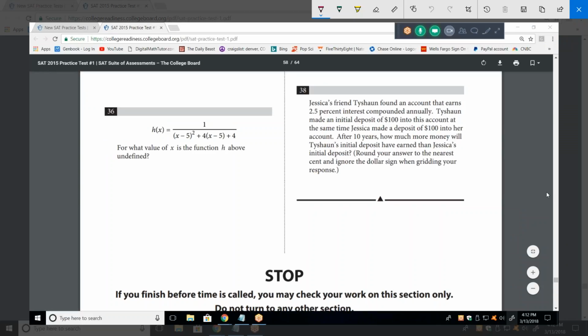If I said y equals 1 over x, what value of x makes y undefined? There is only one value of x on the entire spectrum of numbers that makes y undefined.